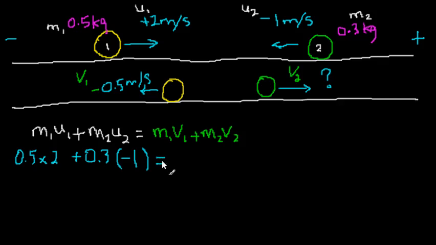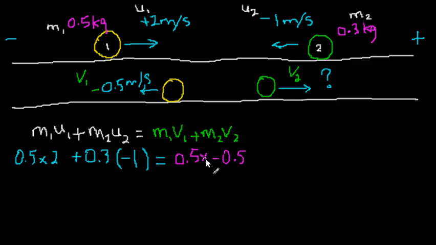Now moving on to the next part, m1 v1. m1 is 0.5. v1 is minus 0.5. So 0.5 times minus 0.5.